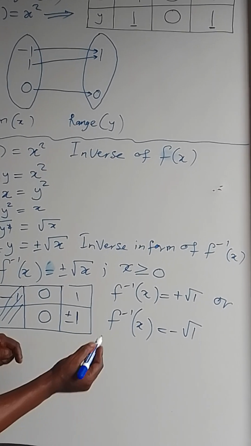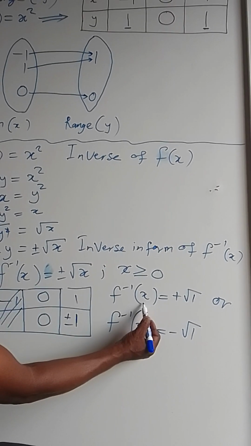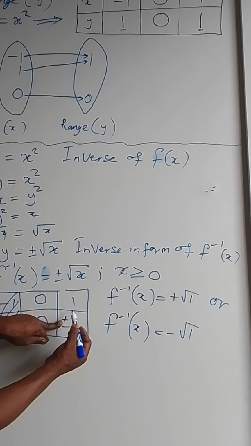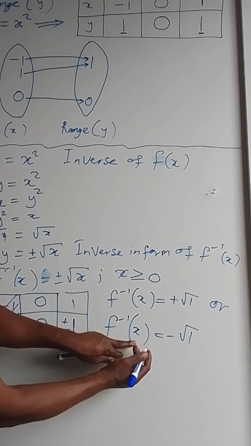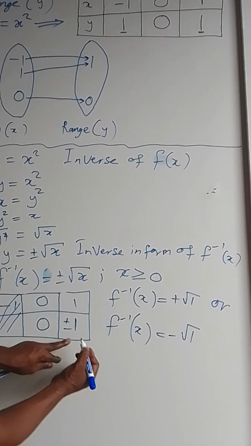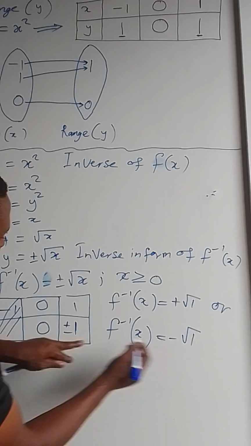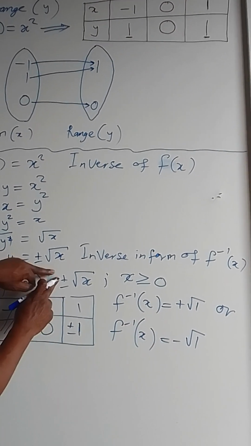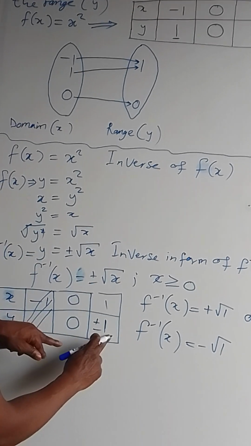If you check here, you have your 1 here, you are going to get a plus 1. You have again your 1 here, you are going to get a negative 1. Why is this plus or minus? Because there is a plus part and there is a minus part.